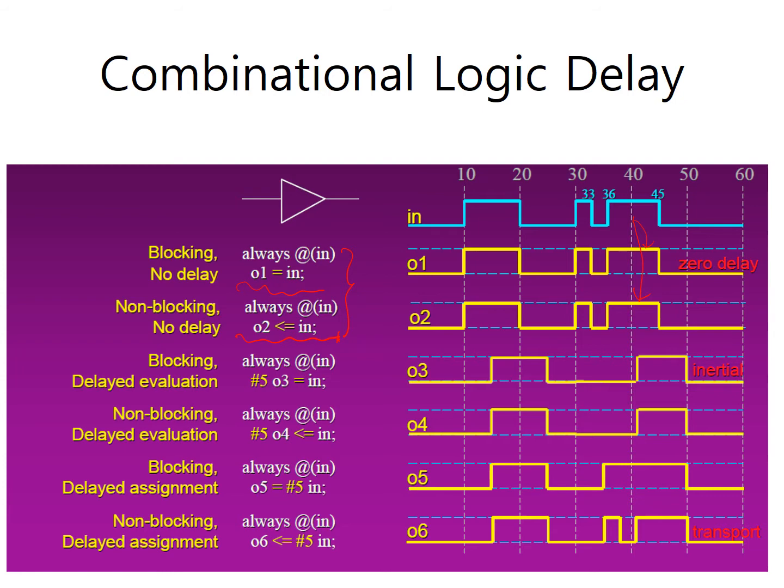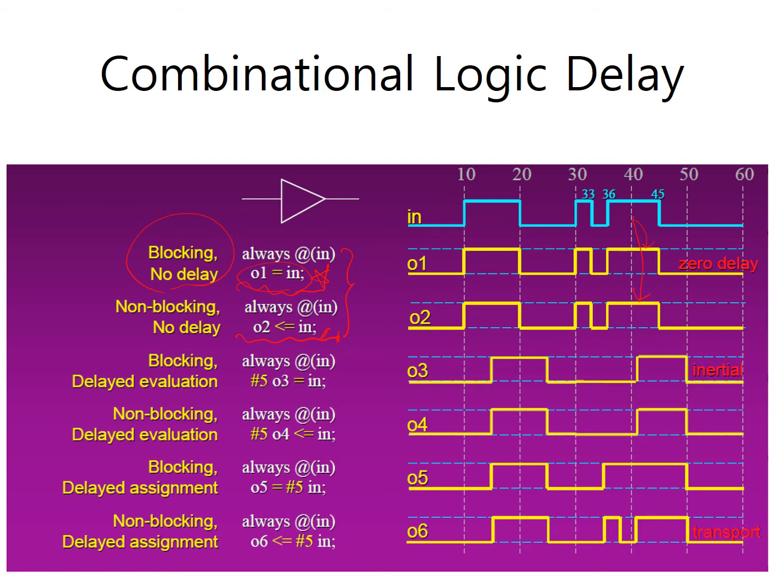As I mentioned before, for combinational logic it is preferred to describe it with blocking statements, so we will focus more on that. Non-blocking assignment we use in flip-flop descriptions only.